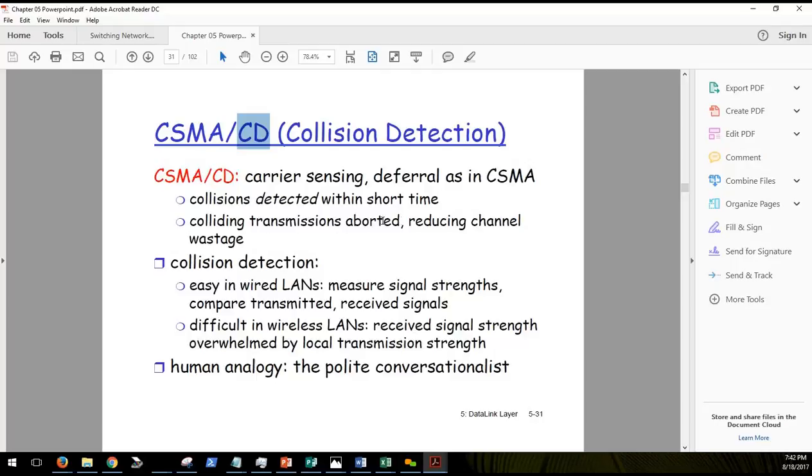Colliding transmissions are aborted, reducing channel wastage. Collision detection is easy in wired LANs: measure signal strengths and compare transmitted and received signals. It's more difficult, however, in a wireless LAN, where the received signal strength is overwhelmed by the local transmission strength. So just be aware of that.